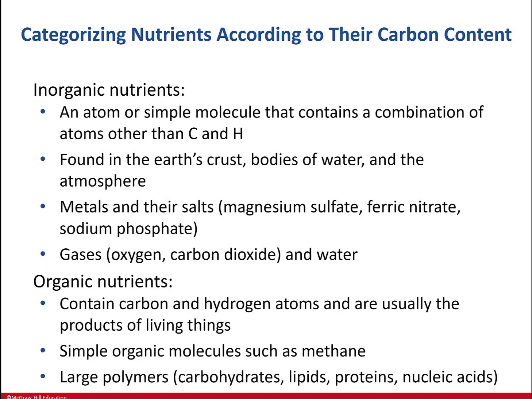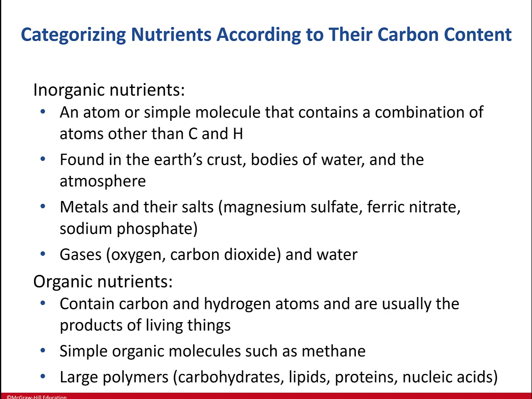Inorganic nutrients: an atom or a simple molecule that contains a combination of atoms other than carbon and hydrogen. They're found in Earth's crust, in metals and their salts: magnesium sulfate, ferric nitrate, sodium phosphate.